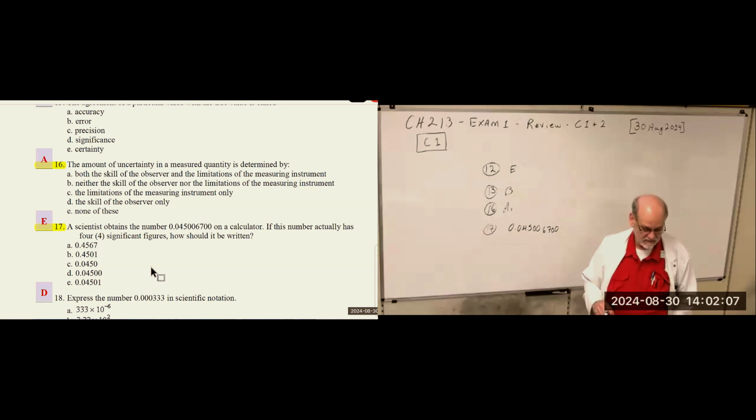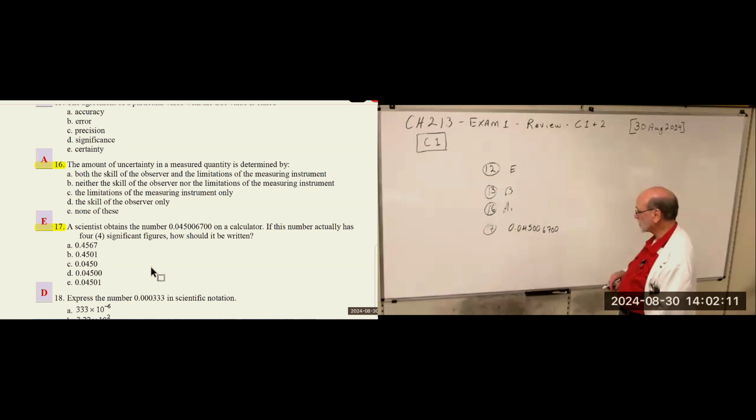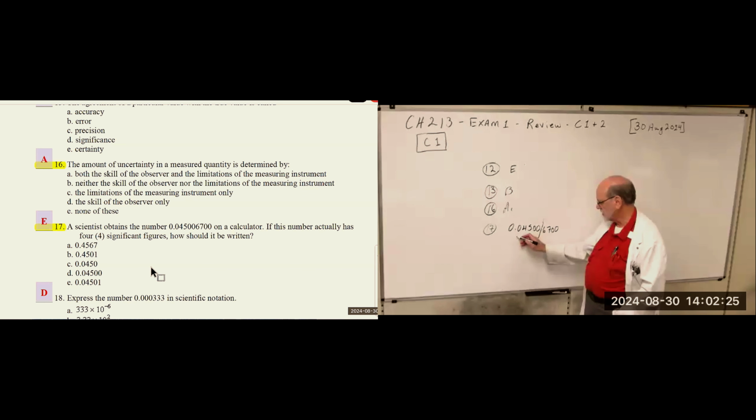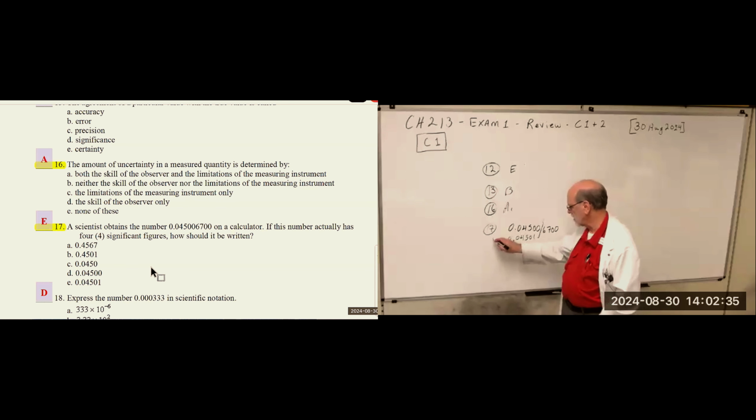You're only allowed 4 significant figures. So where do we start? Start from the left, right? But we don't include these zeros because they're not significant. So we have 1, 2, 3, 4. So we look to the right of that one. This is greater than 5. So that's 0.04501. Should be our correct answer. That'd be E.